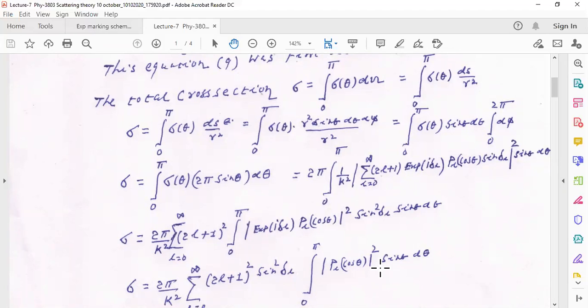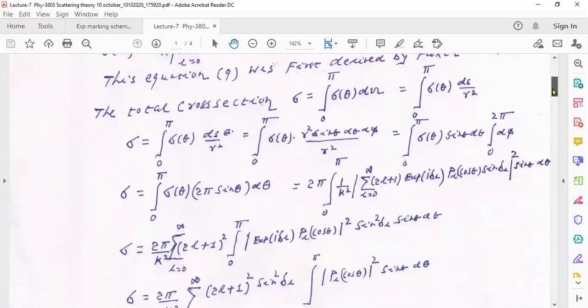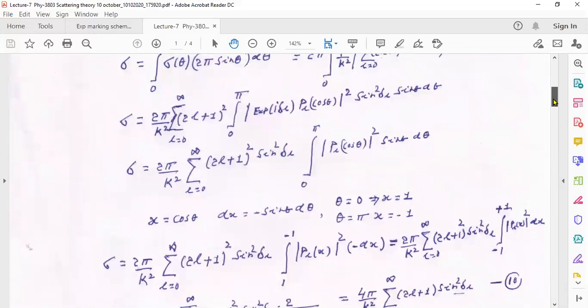So you remember that this is the total cross section, and sigma theta is the differential scattering cross section. I have already explained what the total cross section is.